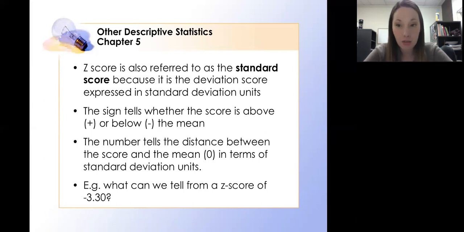The sign of the Z-score, whether it's positive or negative, tells whether it falls below or above the mean. If you've got a Z-score with a positive sign, that tells you that it falls above the mean, above the half of the distribution. If you've got a negative Z-score, it falls below the mean, so it falls on the left side of the distribution.